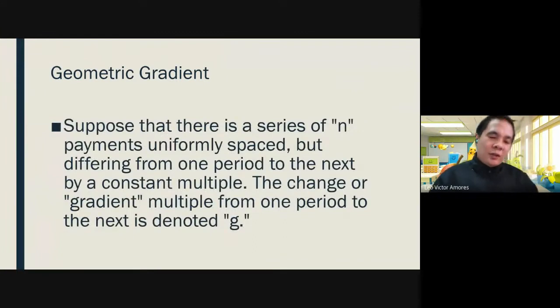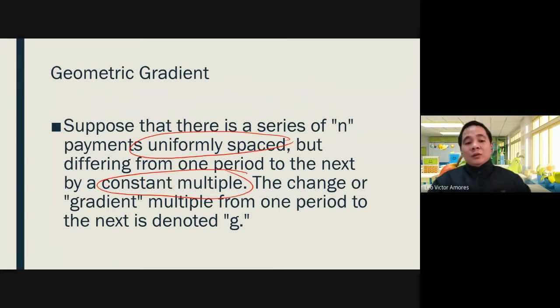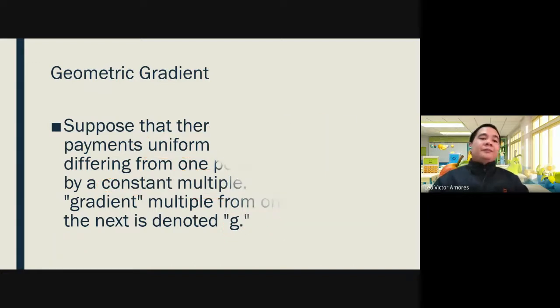For geometric gradient, kindly follow only the formula. Supposing that you have a series of payments, uniformly spaced, but there is a constant multiple or a constant interest rate or gradient, denoted by G, wherein G is a percentage.